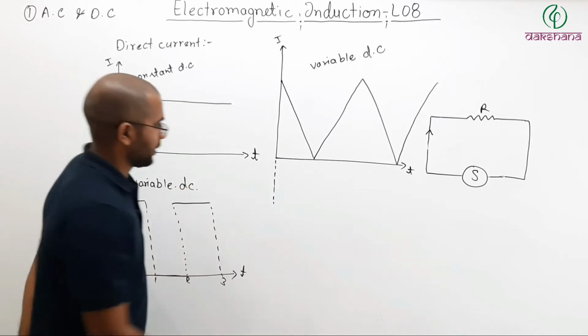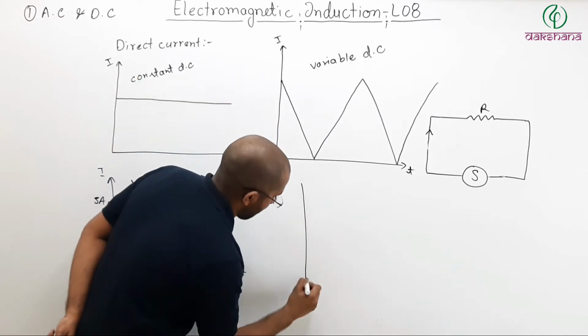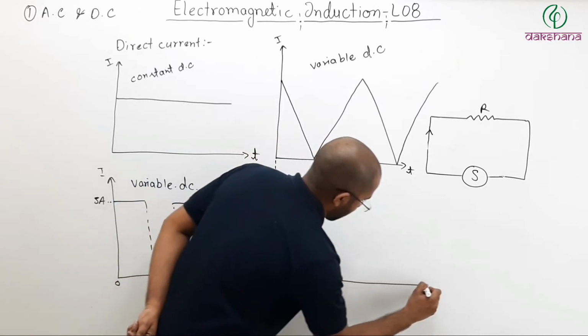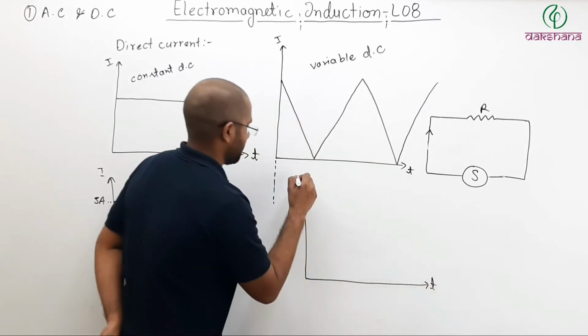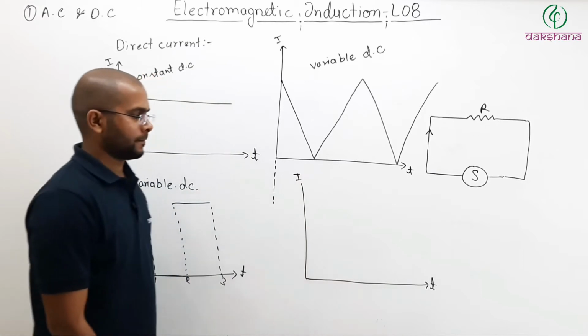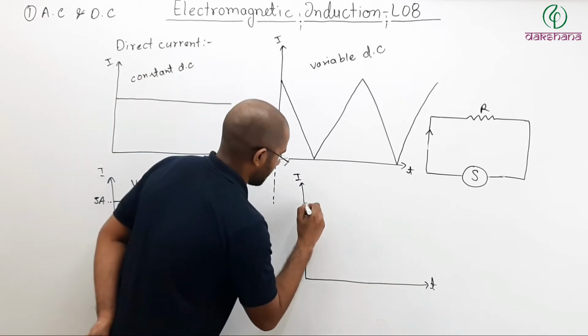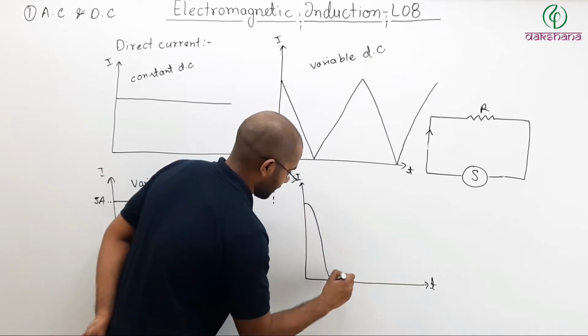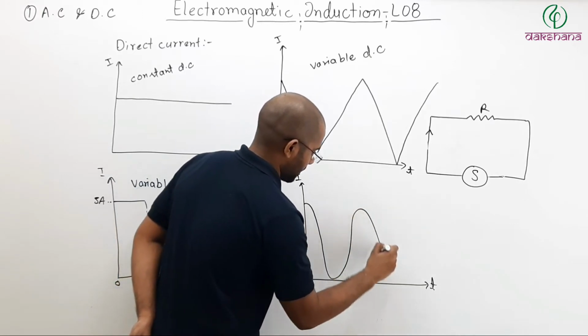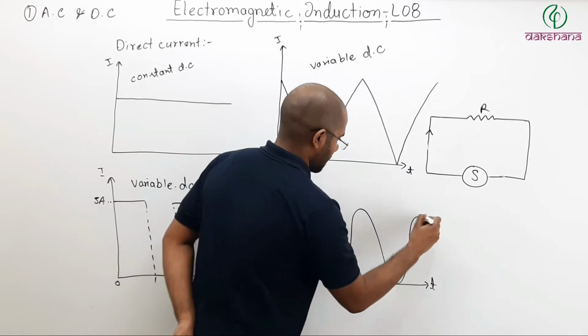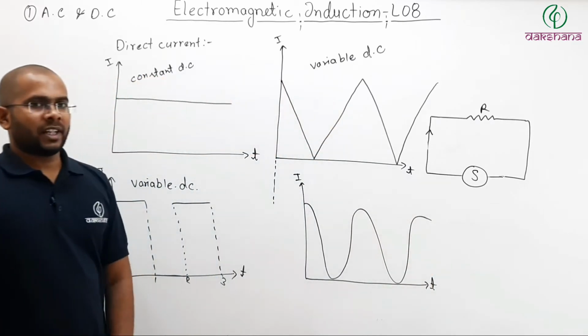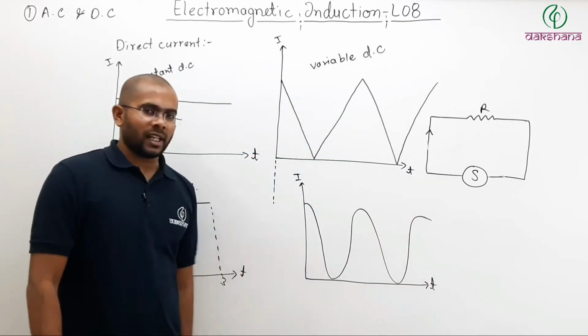Let us take another example. Time, current. Let us draw the current graph like this. Now you might have studied in your 10th standard that AC current looks like this.